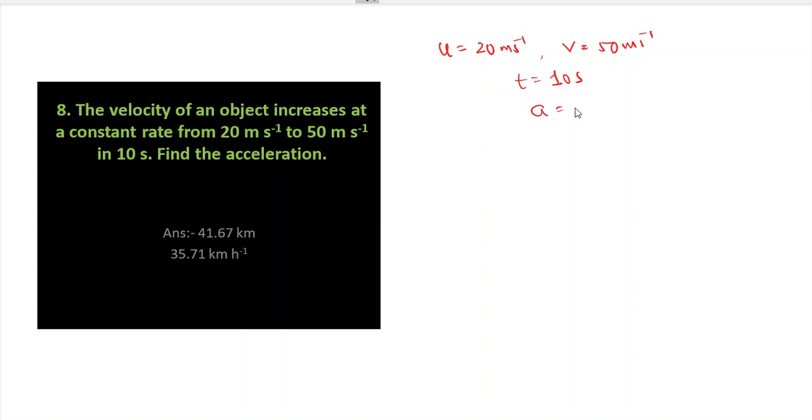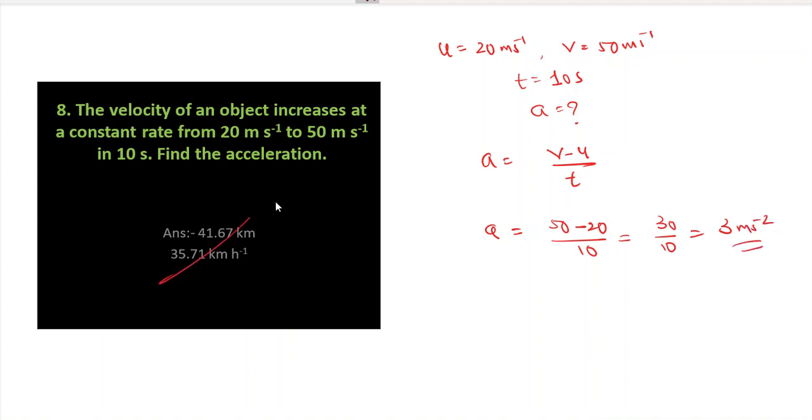Find the acceleration. So we know that acceleration is equal to v minus u upon t. So acceleration is 50 minus 20 upon 10, that is 30 upon 10, that is 3 meter per second square. This is the wrong answer. The final answer is 3 meter per second square. Remember that.